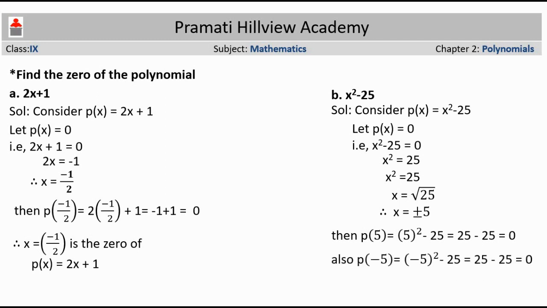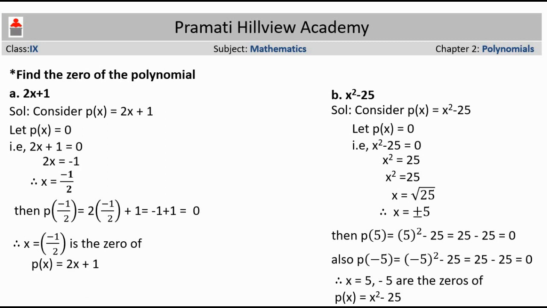Also, when x is equal to minus 5, p of minus 5 is equal to minus 5 the whole square minus 25, that is equal to 25 minus 25, which is equal to 0. Therefore, x is equal to minus 5 and 5 are the zeros of the polynomial p of x is equal to x square minus 25.